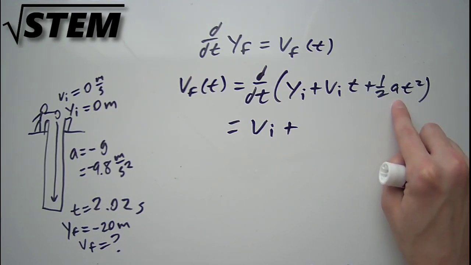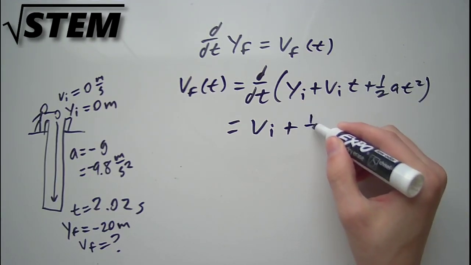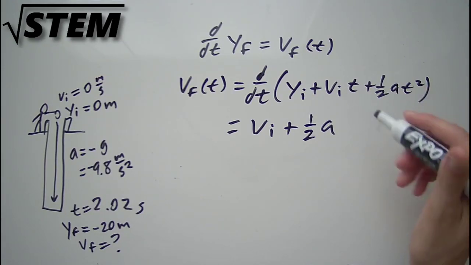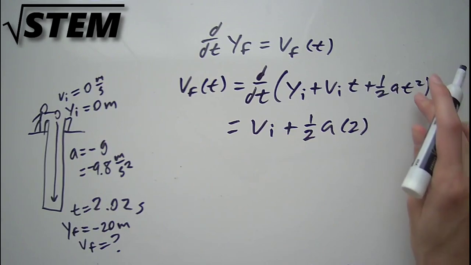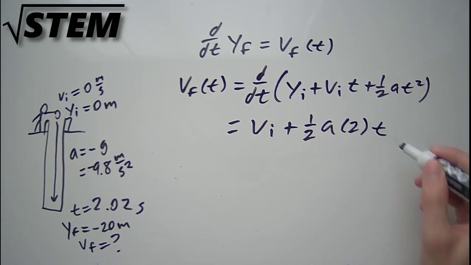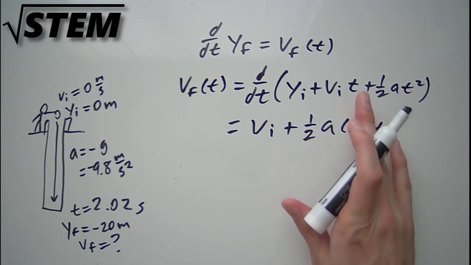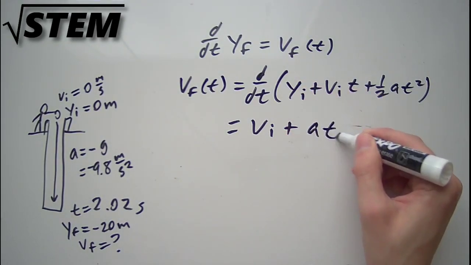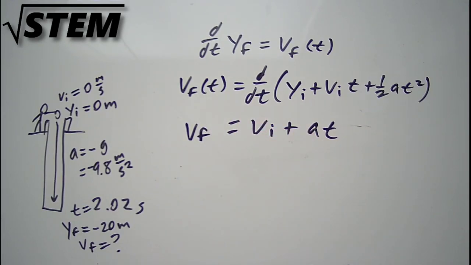These two constants, 1/2 a, stay here, while we take the derivative of t squared. Our power rule says we bring down the 2 and reduce its exponent by 1, and the 2 and the 1/2 will cancel out to give us that v final equals vi plus at.